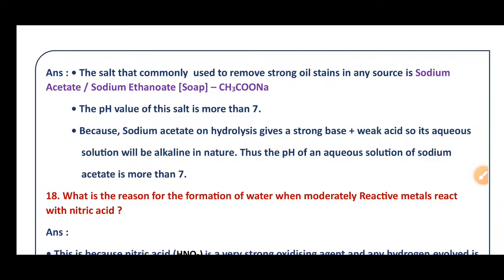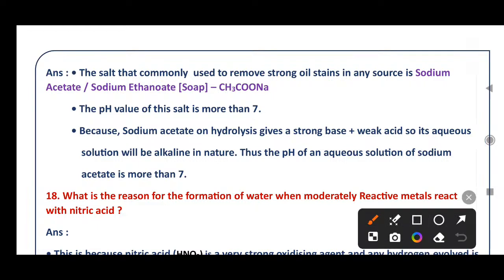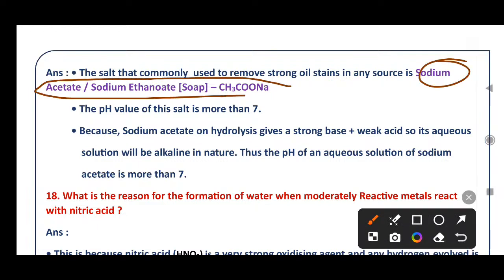Soaps we do not use, and soaps will not help to remove them, I think, a little bit. This is my point of view. Avoid this one. Long chain hydrocarbon sodium and potassium salts are called detergents. The detergents are only helpful to remove strong oil stains.